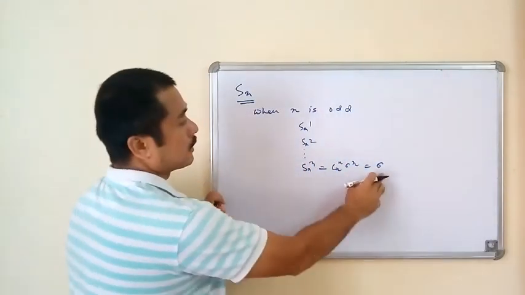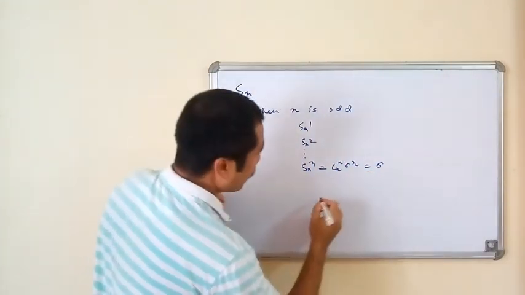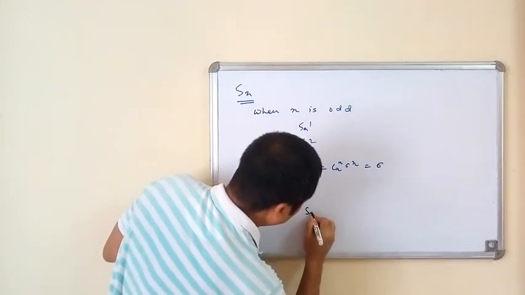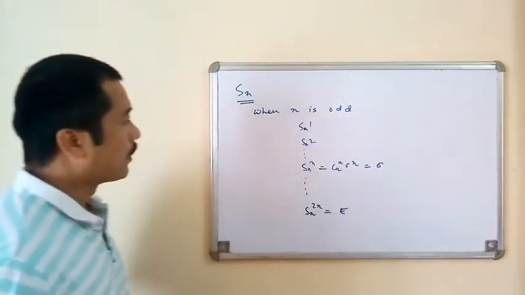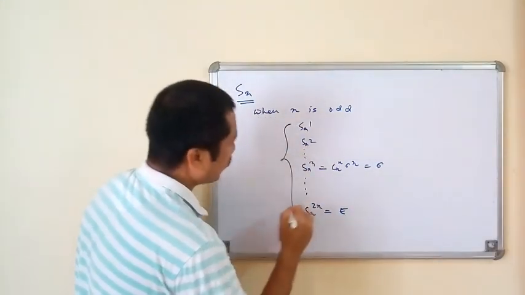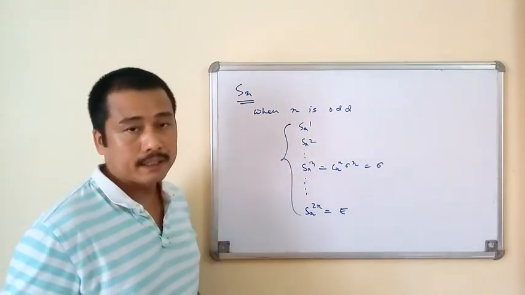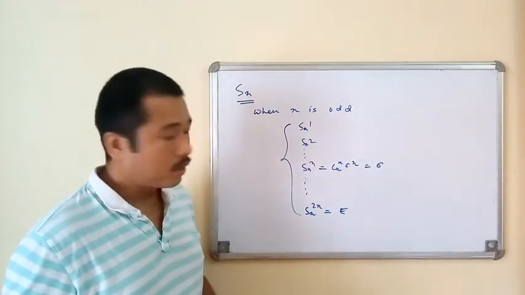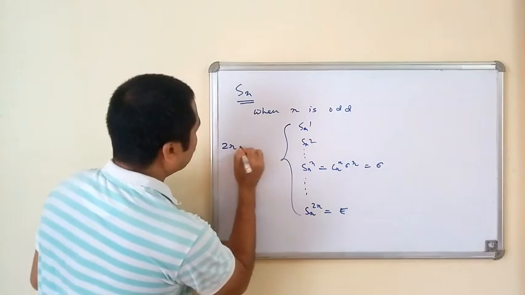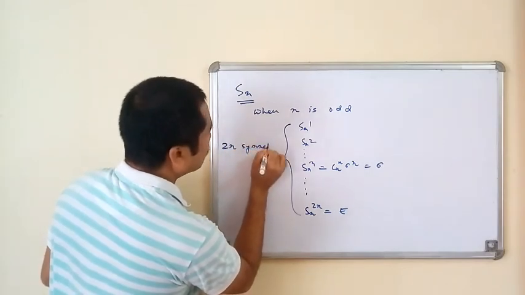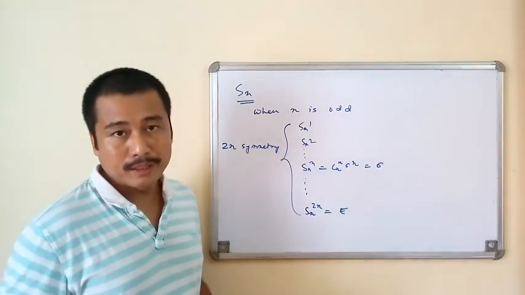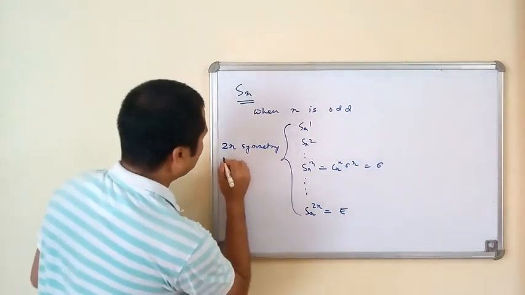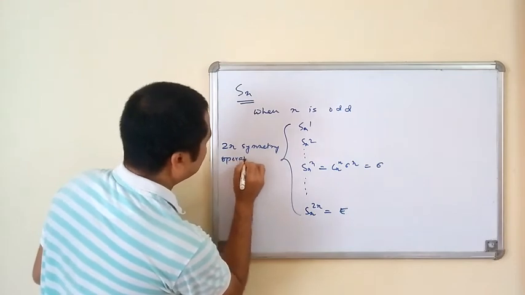So Sn^n is essentially equal to sigma. Now you can go on until Sn^2n, which is actually equal to identity. So the total number of symmetry operations generated by an Sn axis of odd order is equal to 2n, and the order of this mathematical group, the number of elements within this group, is going to be equal to 2n.